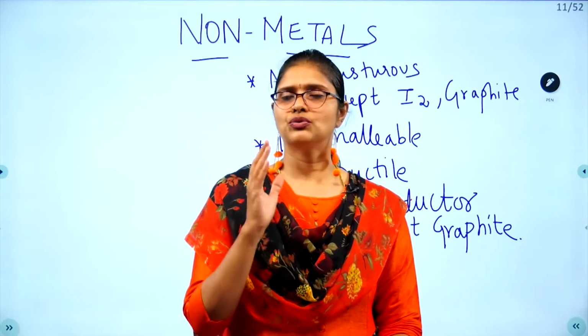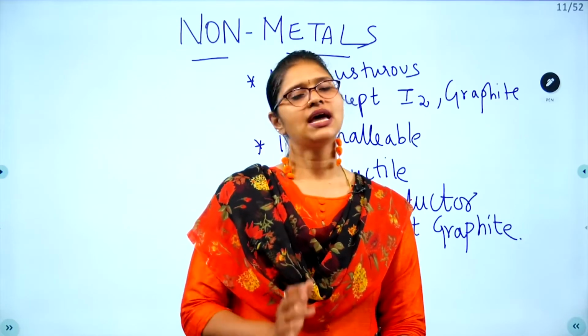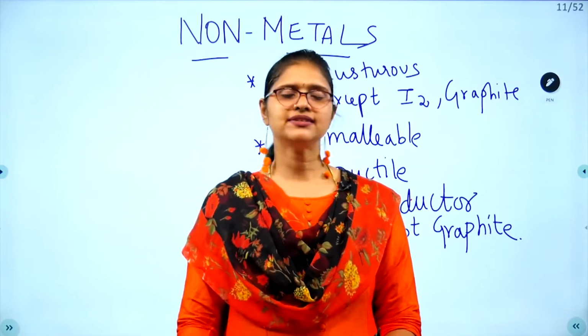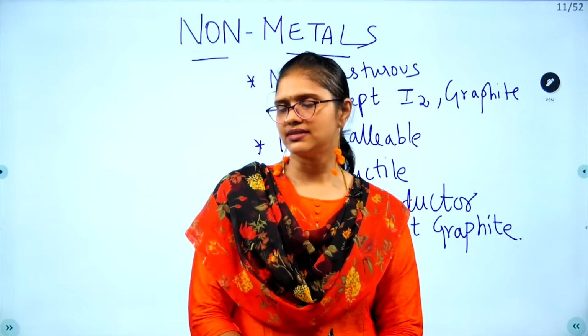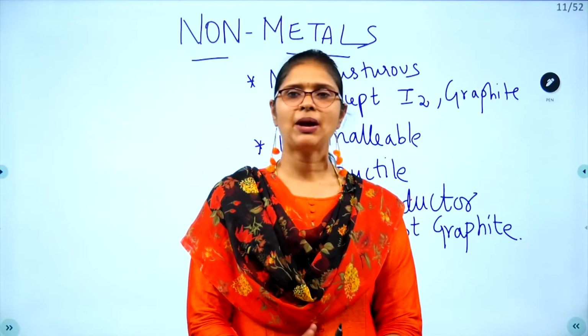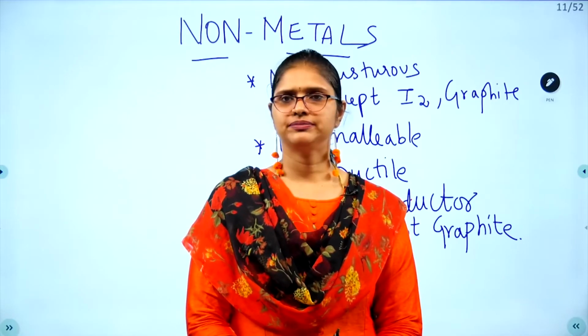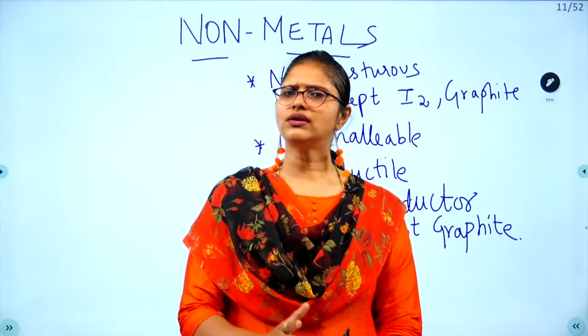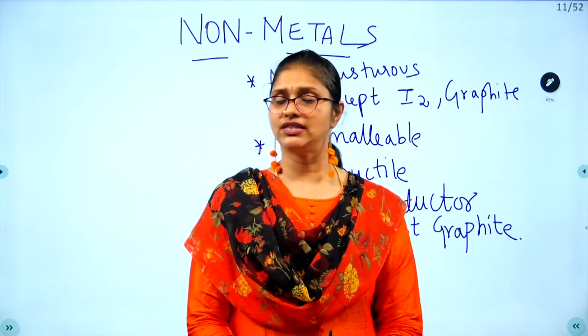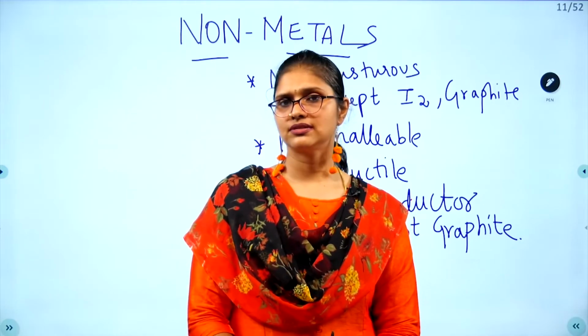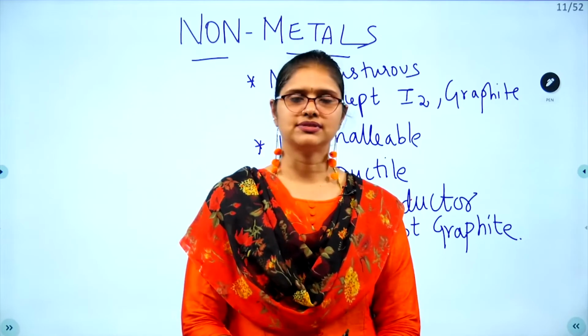Yes, so non-metals are non-lustrous except iodine and graphite. They are non-malleable, non-ductile, and bad conductors in general, except graphite. So what other properties do non-metals have? Whether they donate electrons or accept electrons.